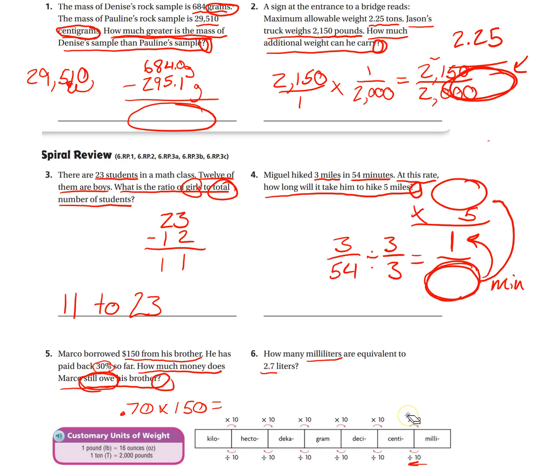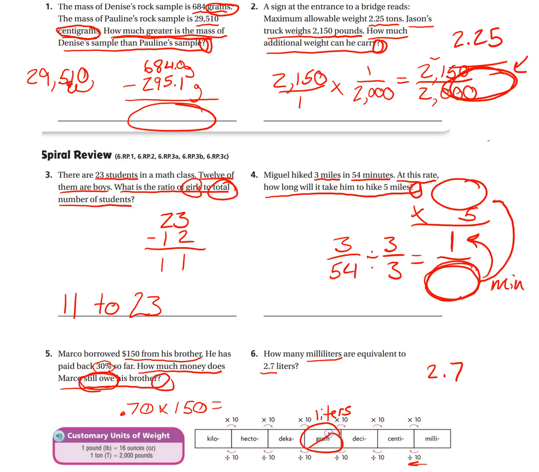I'm going back to my charts here. Now remember, this is grams, but we can switch this out for anything, liters, whatever it may be. So this is going to be liters. Any unit, that's what's nice about the metric system. So my number is 2.7.